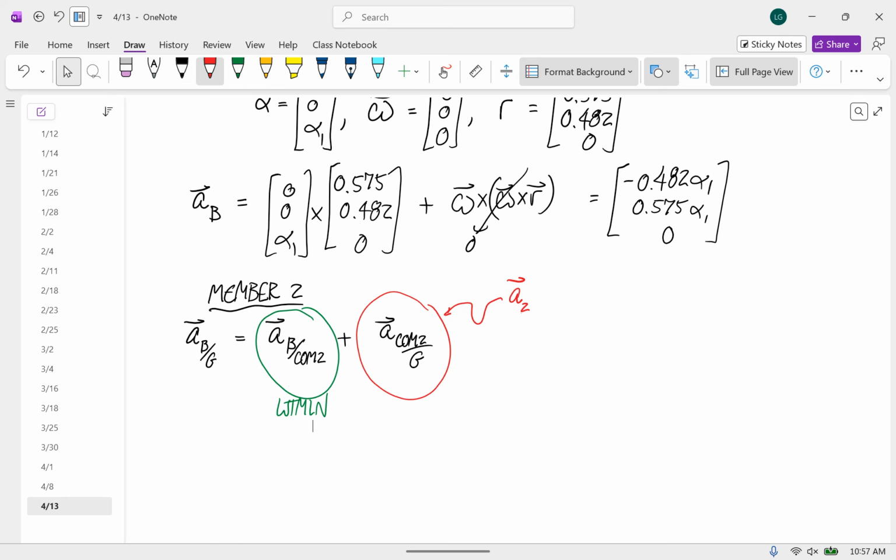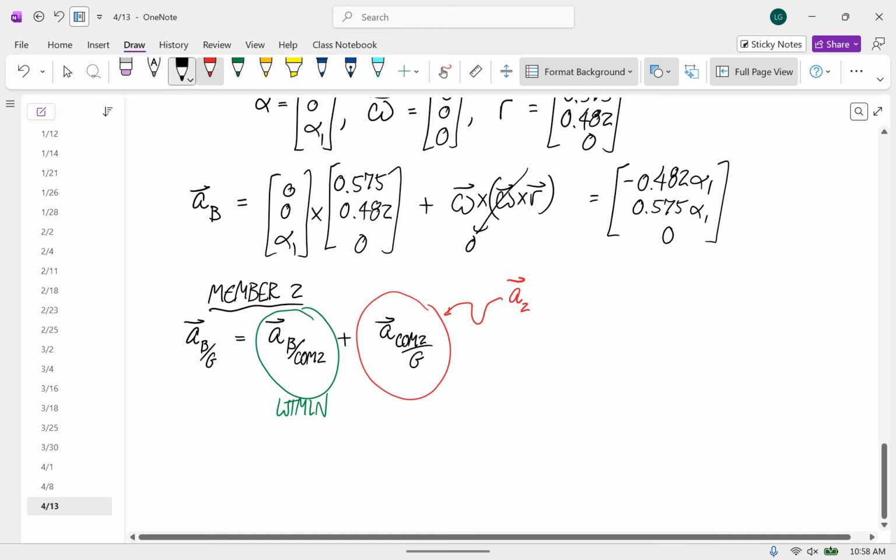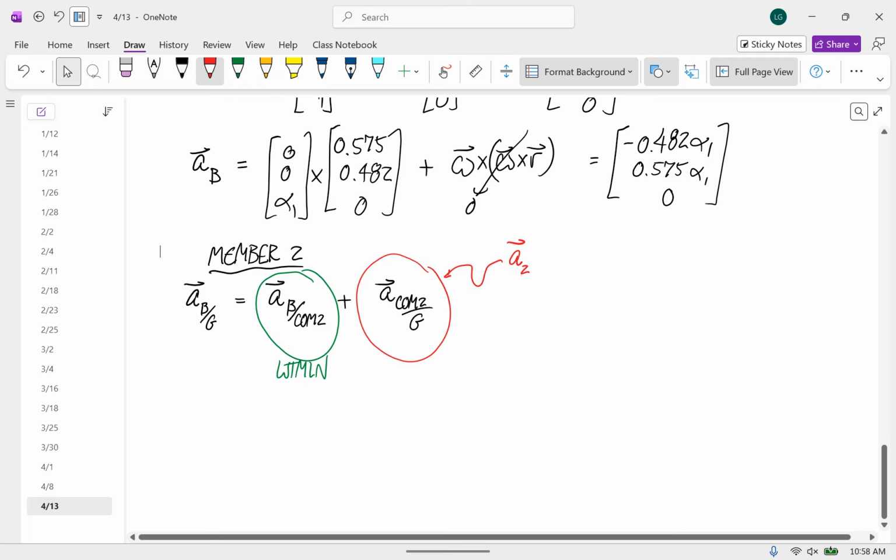And what's the definition of the r vector? From the center of circular motion to our point of interest, and in this case, it's 0. Perfect, exactly. So the r vector is going to be 0 here, and so this green circled part is going to go away. But we don't know that yet because we're stupid. Okay, so we're gonna just write it all out and see.